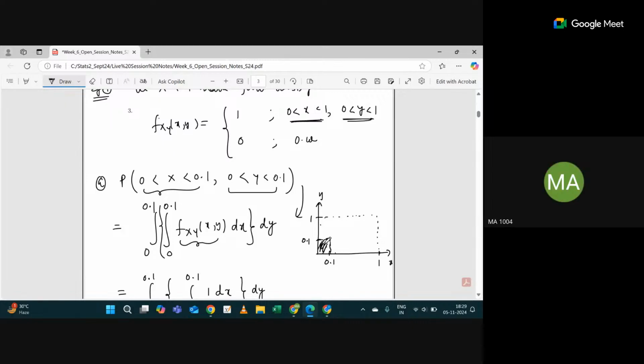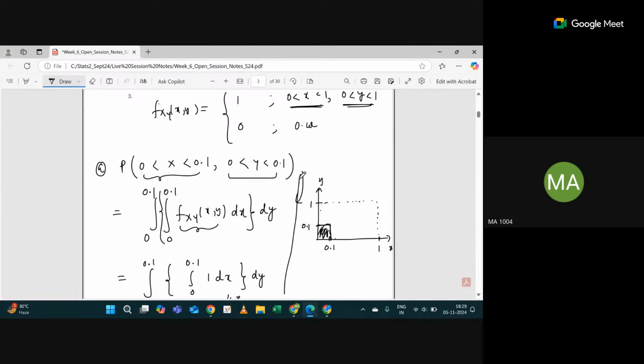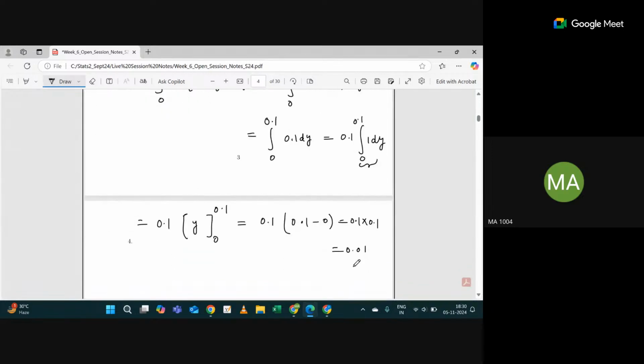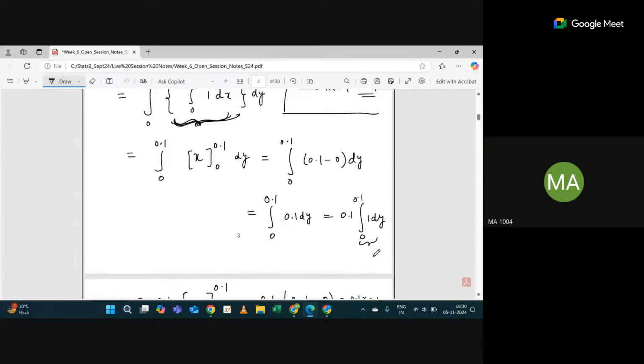The area of this square is 0.1 times 0.1, which is 0.01, the same answer we got by doing the integration. So you can cross verify with your approach.